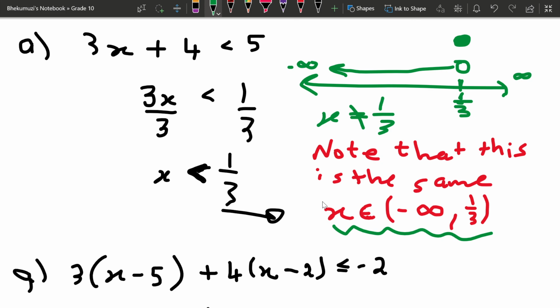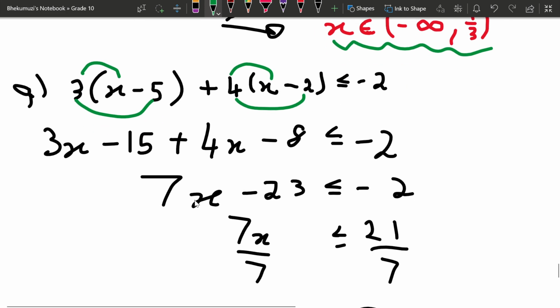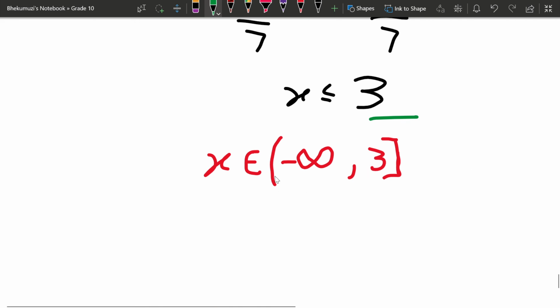Okay. And then we have another one, which is g, and you would use the same ideas. You would distribute, then simplify, and you find that it's 7x minus 23 is less than minus 2, and then you divide and you find that it is 3. The same idea applies. But in this case, it says x is less than or equal to 3.